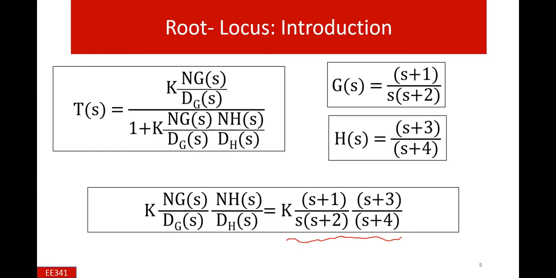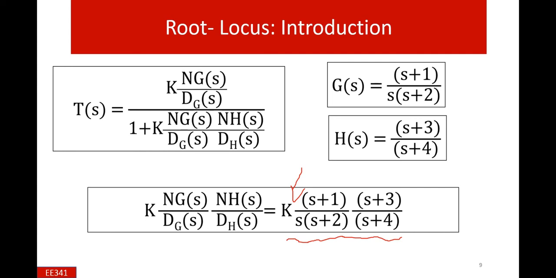Here K is variable, and in (s+1)(s+3) there are two zeros, one at -1 and another at -3, and these are the open loop zeros. And there are three poles: one at 0, another at -2, and the third at -4.